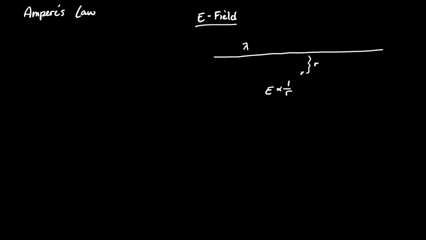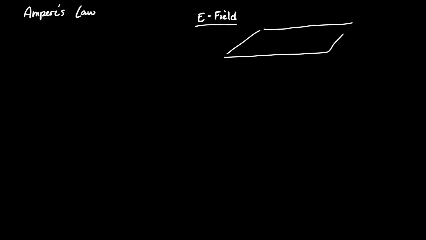And last, you should know the electric field a distance r away from a sheet of charge. I don't know how to even draw this now to do it fast.